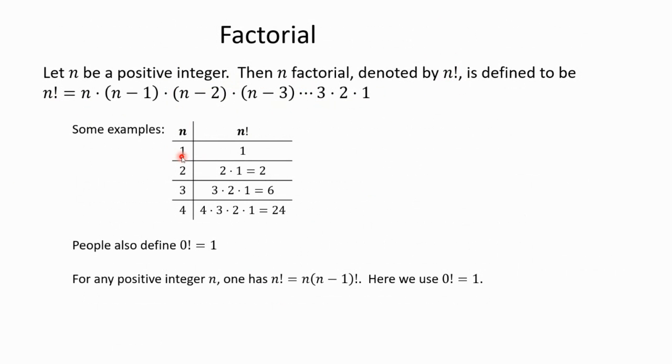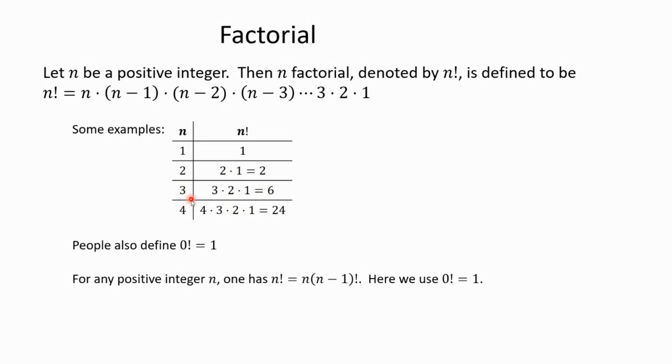If n is 1, the only positive integer less than or equal to 1 is 1 itself. So 1 factorial is just 1. 2 factorial is 2 times 1, which is 2. 3 factorial is 3 times 2 times 1, which is 6.